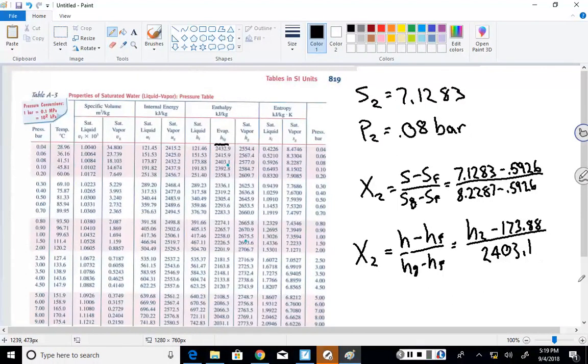And now I know the quality from this one, so I use that quality, put that in there, and solve for H2. So again, this is S2 and H2. And if I do the math, this is approximately 0.856, more exactly 0.855895, and I put that value in here, 0.856, and solve for H2.